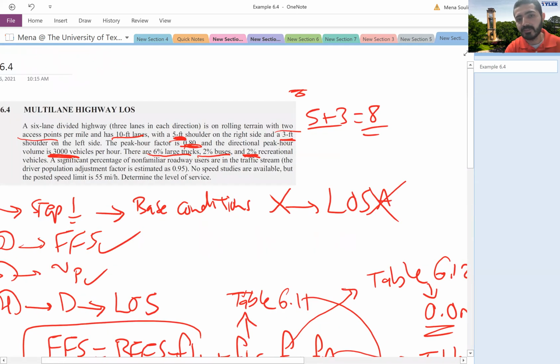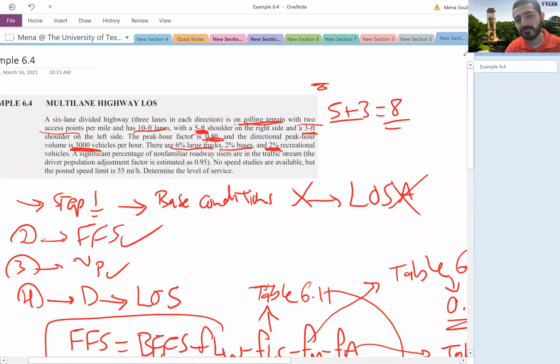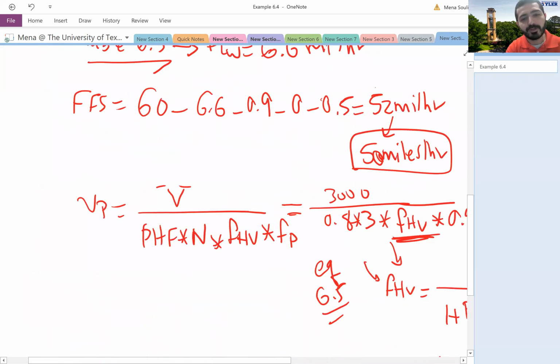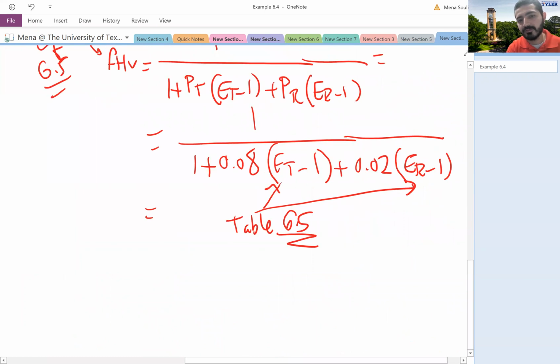Let's go back to here. We have a rolling terrain, and that will be the middle column in that table. Using that table, ET will be equal to 2.5, and the same table will also provide you ER equal to 2.